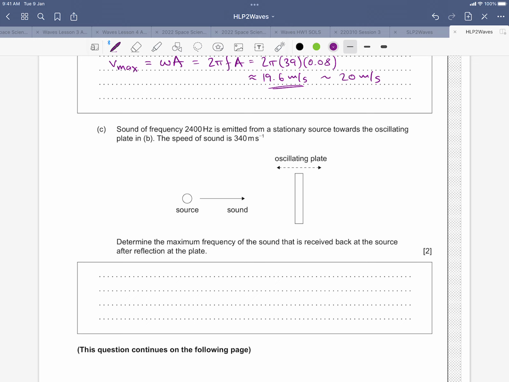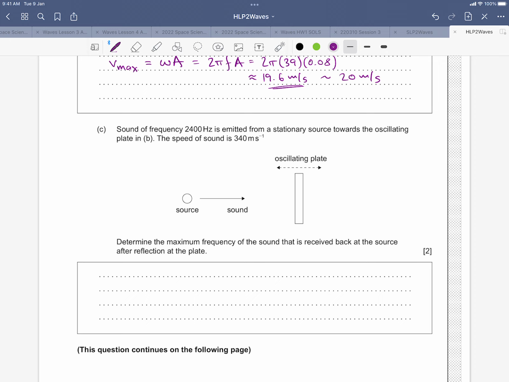Now it sort of reflects some sound waves that are approaching it. And we have to determine the maximum frequency of the sound that is received back at the source after reflection. So maximum frequency. So we have to see how we can maximize the Doppler effect here in the direction of increasing frequency.